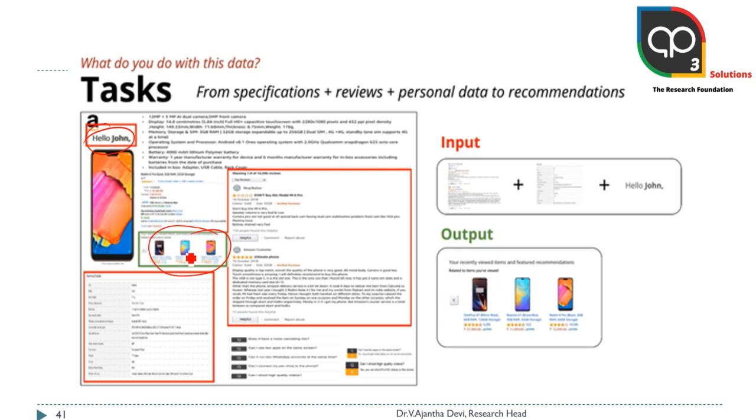You could recommend your product to this particular user based on this purchase history. All right, this is yet another task. That you could do from the data that you see on this particular page. So here it would be reviews and comments and structured data in a tabular manner. To the user, you can just give some recommendation.